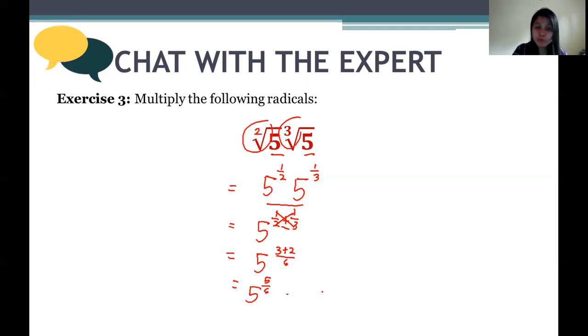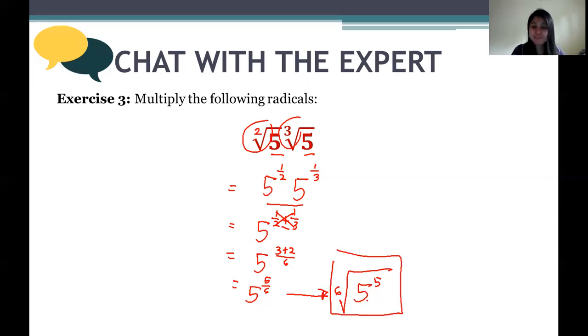Then we rewrite it back to its radical form. 5, the numerator is the exponent, then the denominator is the index. This is now our answer: the 6th root of 5 to the 5th power.